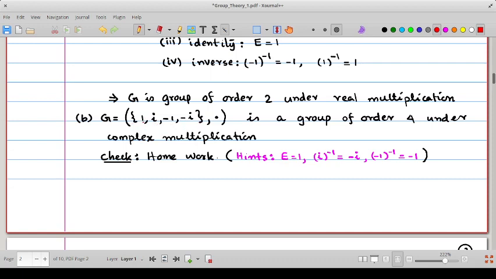For example, the inverse of 1 is 1 itself. The inverse of i is -i, because i times -i is 1. And the inverse of -1 is -1, the inverse of -i is i. Therefore, it satisfies all the axioms that a group should satisfy, and it forms a finite group of order 4.